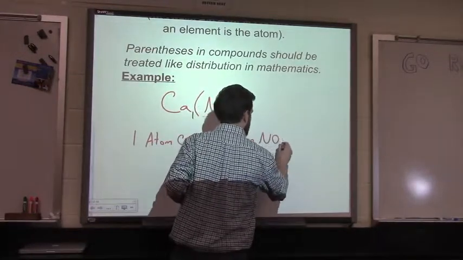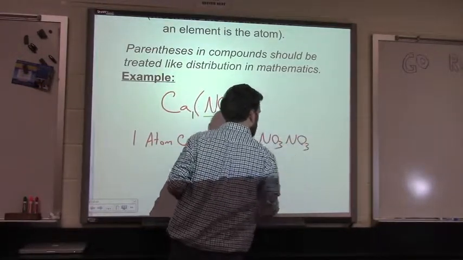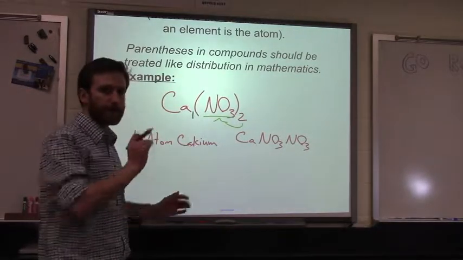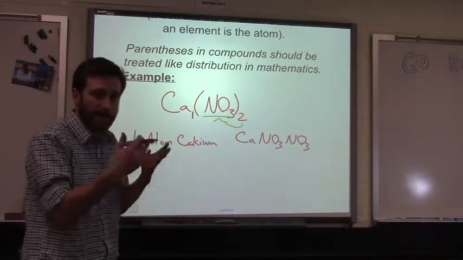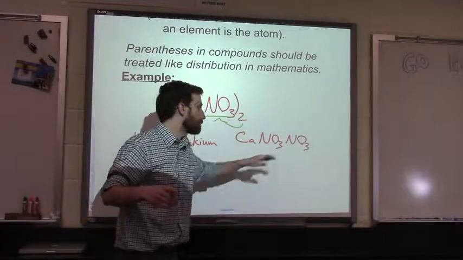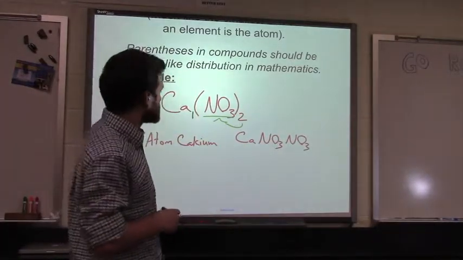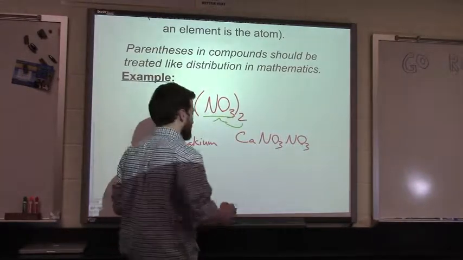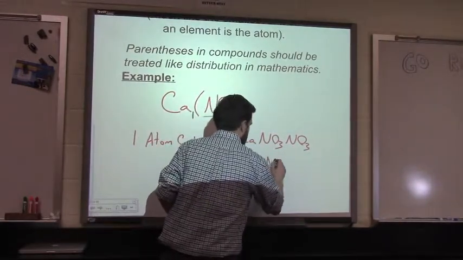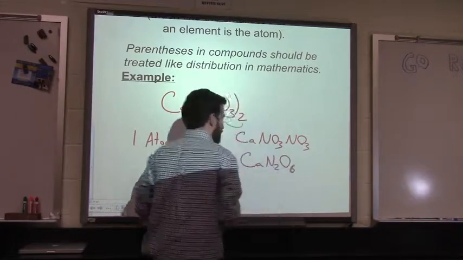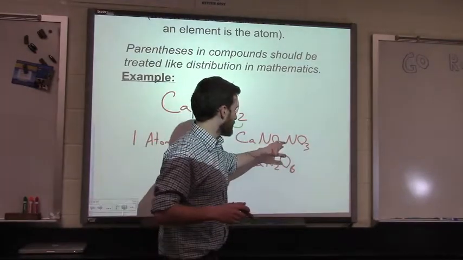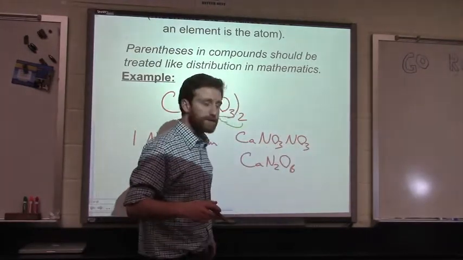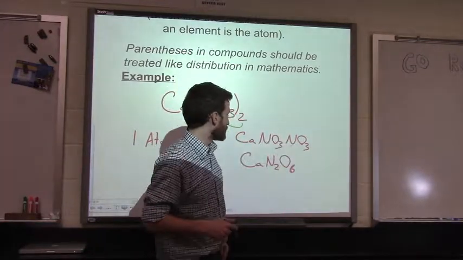So I have NO3, NO3. Now know that N is nitrogen and O is oxygen. NO is not its own element because they're both capitalized. So I have Ca, NO3, NO3. And if I were to group that, I would say I have Ca, N2O6, right? There I'm just grouping that I have 3 oxygen atoms and 3 oxygen atoms, and I have 1 nitrogen and 1 nitrogen.